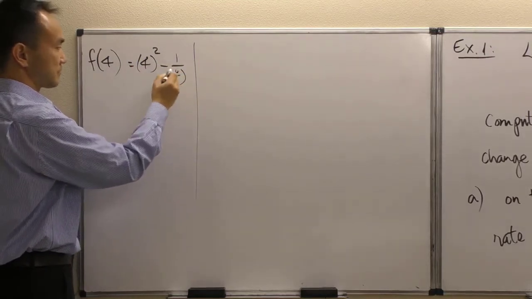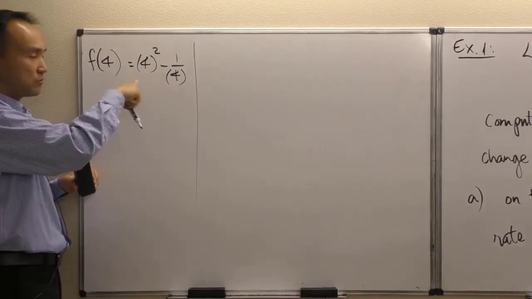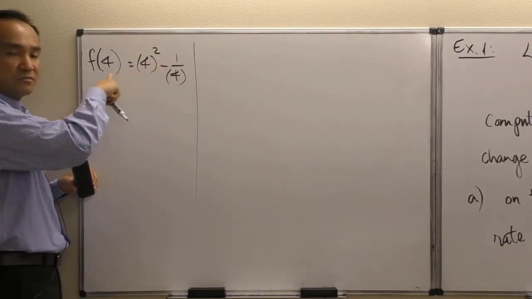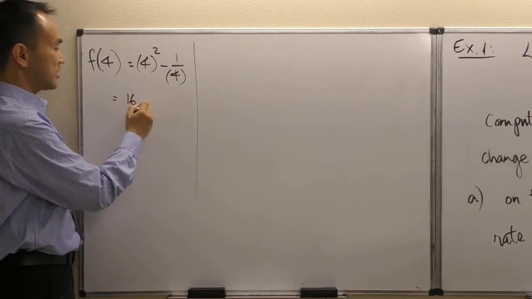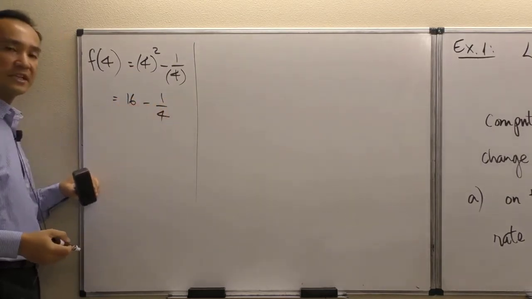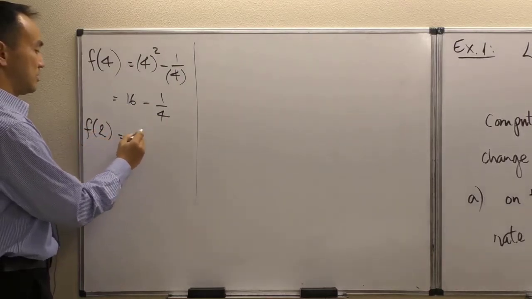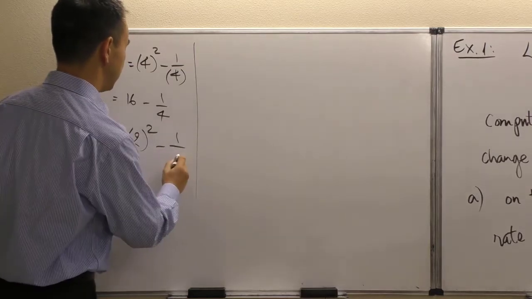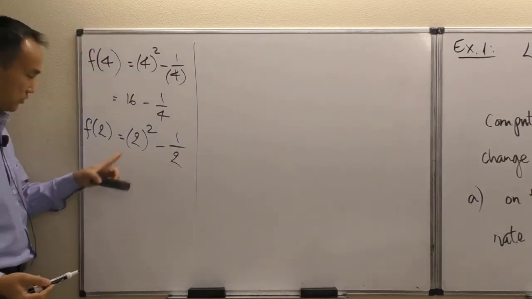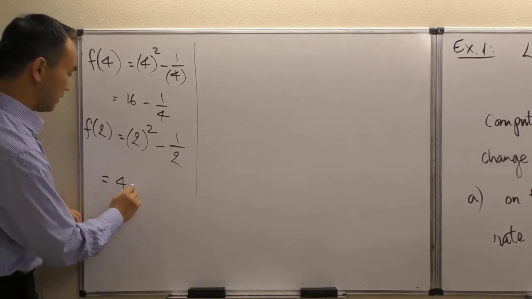That's the computation that lands into the output of f of 4. So that gives us 16 minus 1/4. I'll leave it there for now. And then f of 2 equals 2 squared minus 1/2, and so 2 squared minus 1/2 gives me 4 minus 1/2.